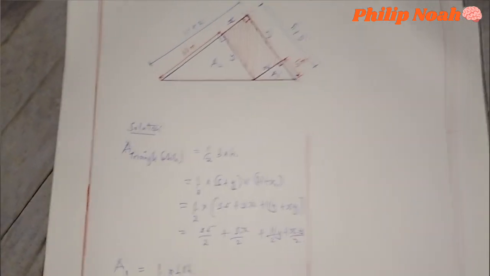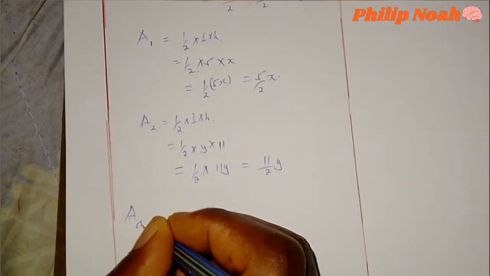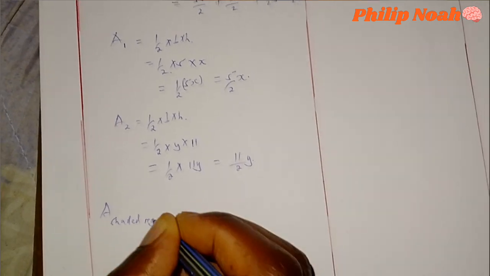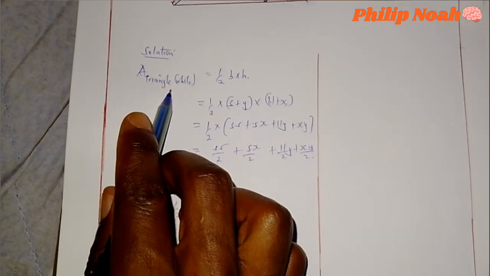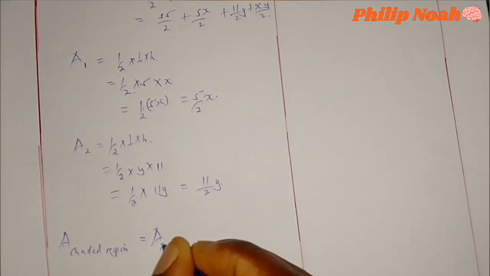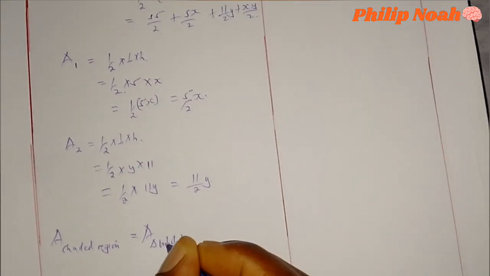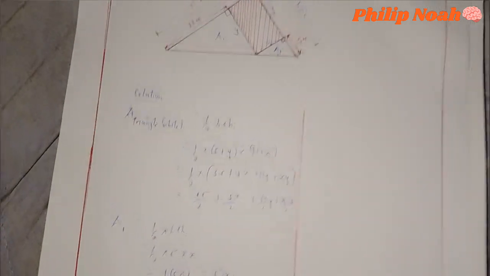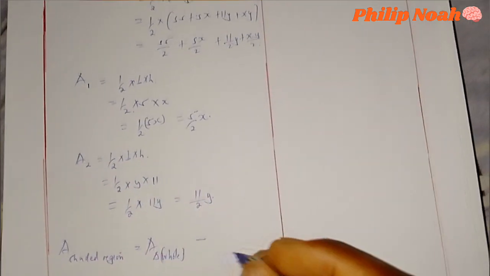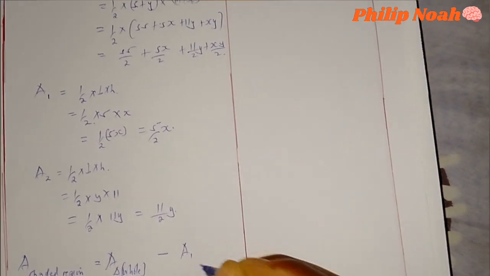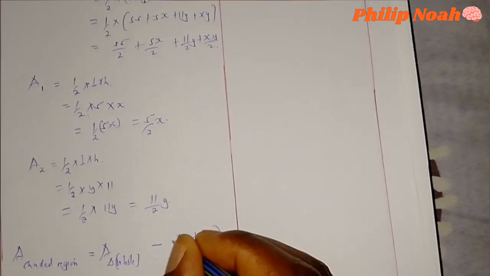And the area of the shaded region is equal to the area of the whole triangle minus the sum of area 1 and area 2.